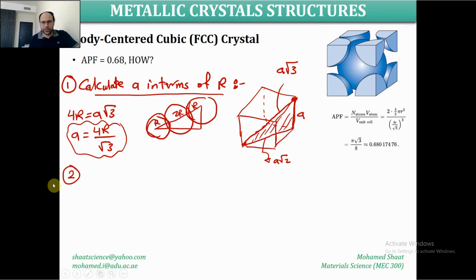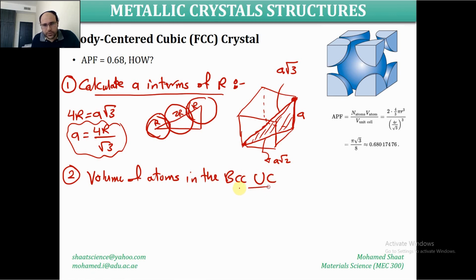Then the next step, the second step, is just to calculate the volume of atoms that form this unit cell. Atoms in the BCC unit cell. This volume should be Vs, which we agreed to give as a symbol, Vs stands for sphere or atoms or whatever.